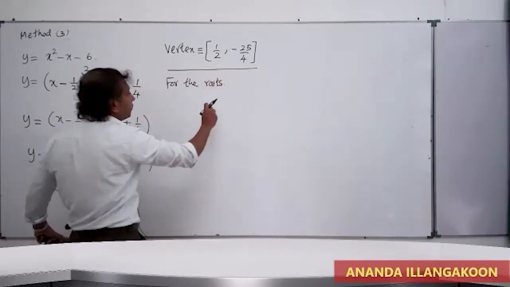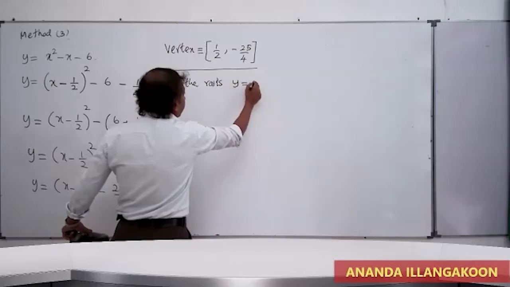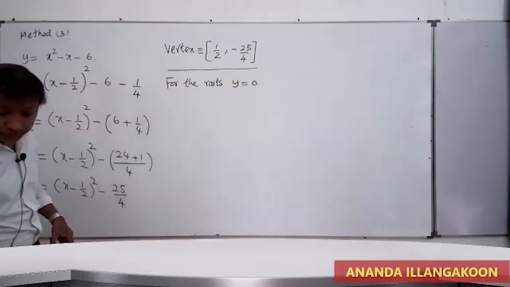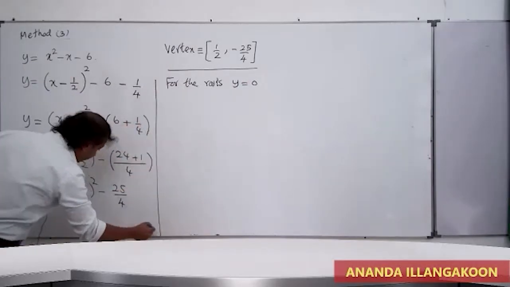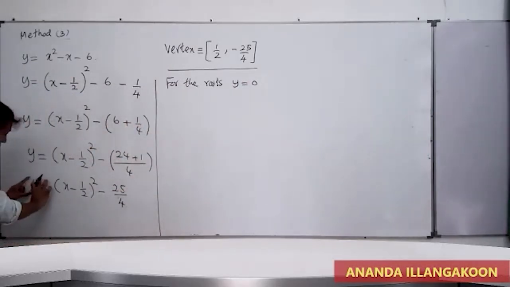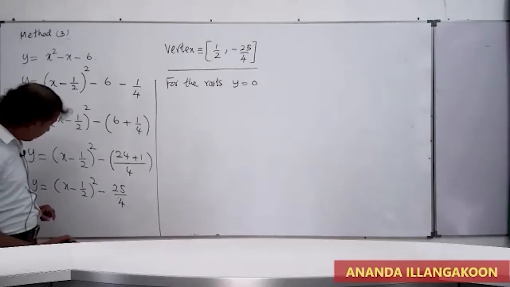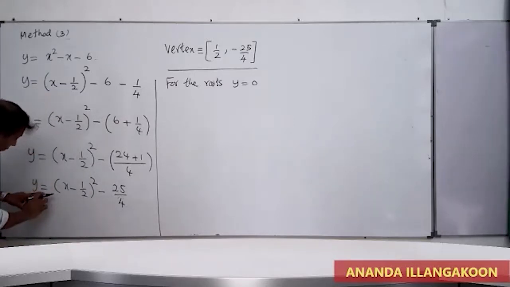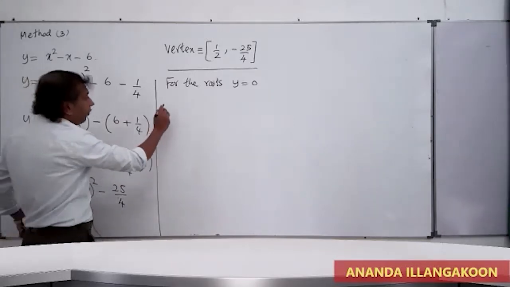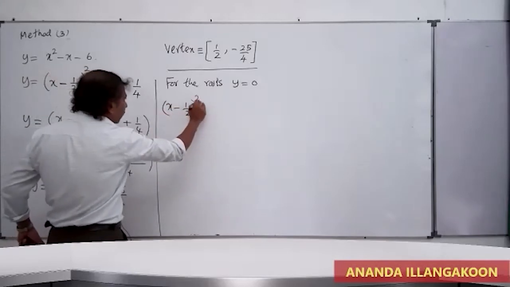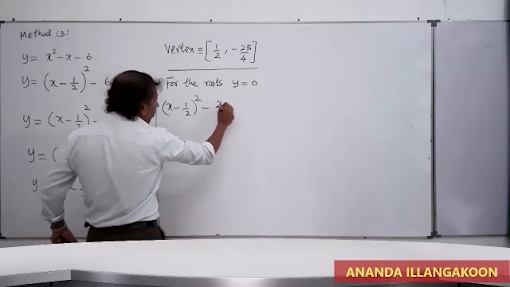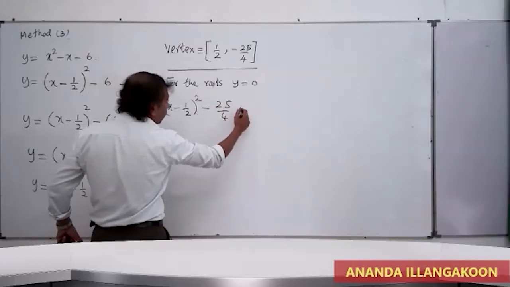For the roots, y equals 0. Then you can write in 0 for this y. What do you get? Then this is equal to 0: x minus half of x squared minus 25 by 4 is equal to 0.